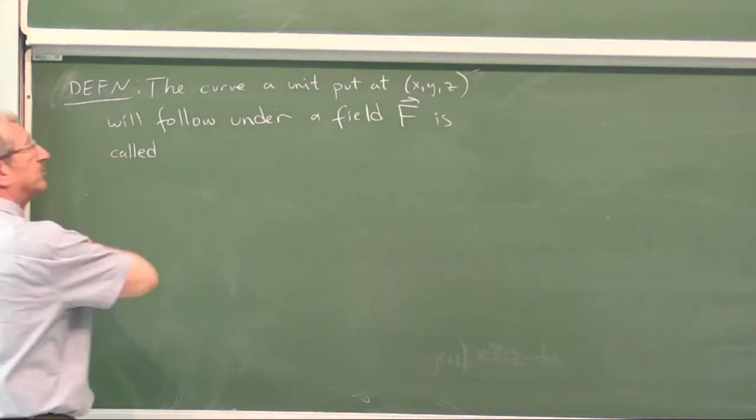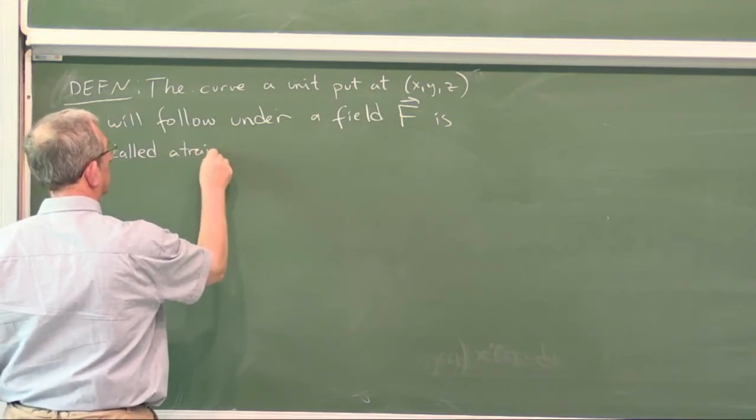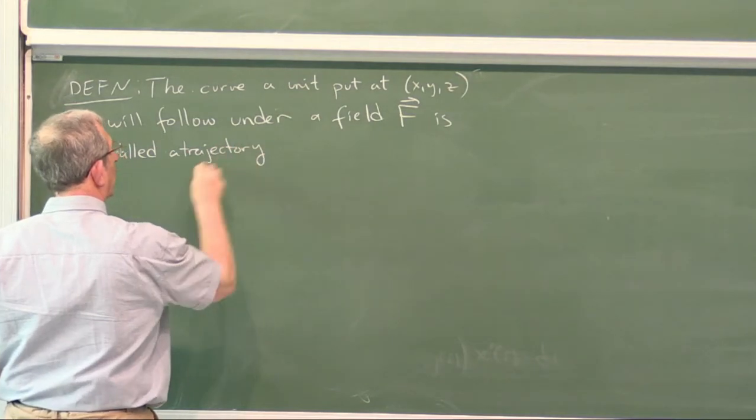You have lots of names. It is called a trajectory or field line.